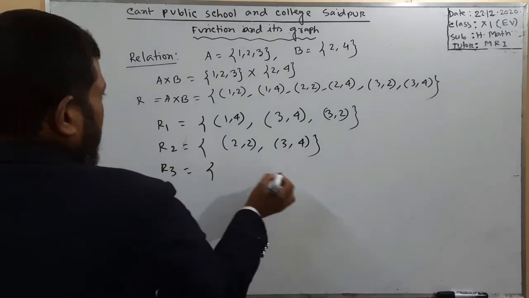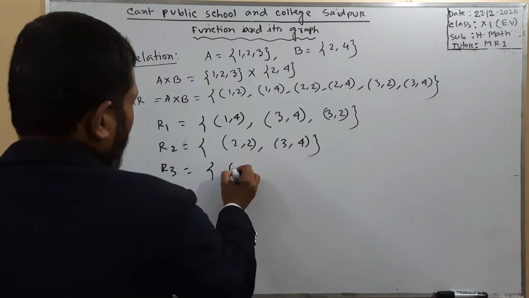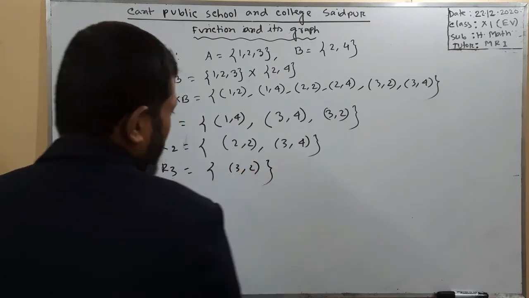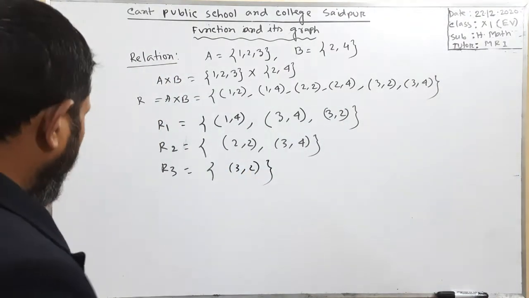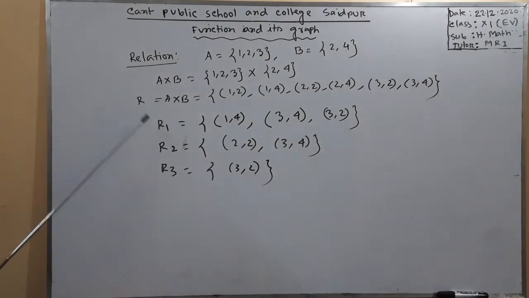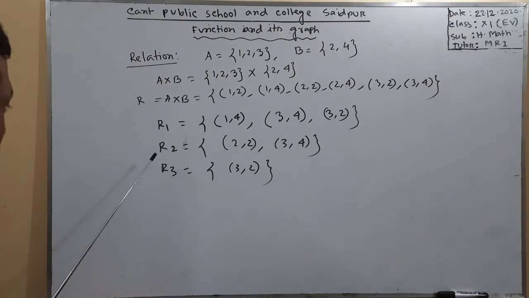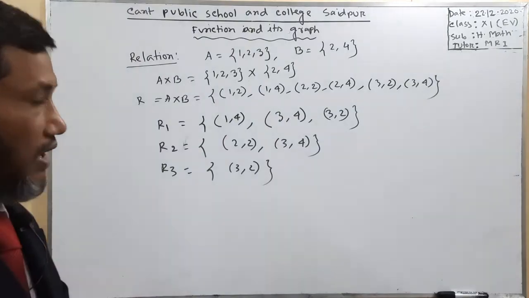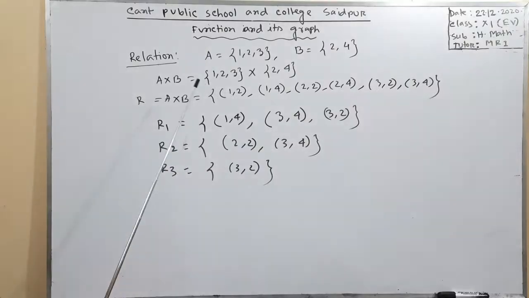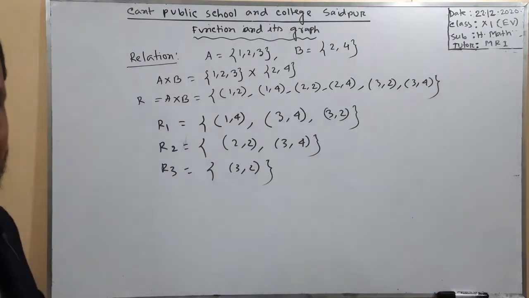R3 may be any one, for example (3, 2). We are seeing here R1, R2 and R3. These three are subsets of A cross B, that is R. Here R, R1, R2, R3 all are relations from the set A to set B.